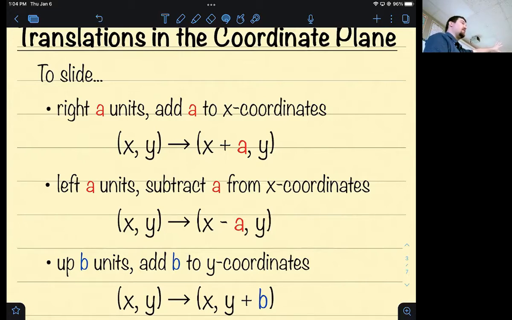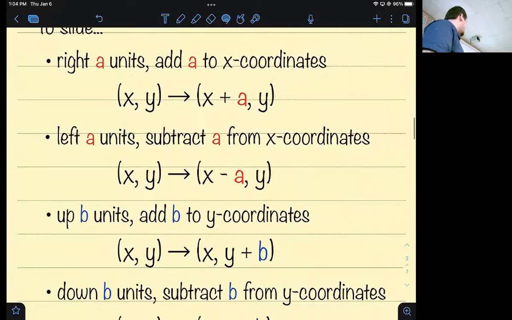If you subtract from the x coordinate, it's going to slide in the negative direction to the left. If you see a shape that has moved up, that means they added to the y coordinate. And if it moves down, they subtracted from the y coordinate. Okay, does that make sense? Of the 4 different transformations we're going to talk about, the translations are the easiest of the 4.